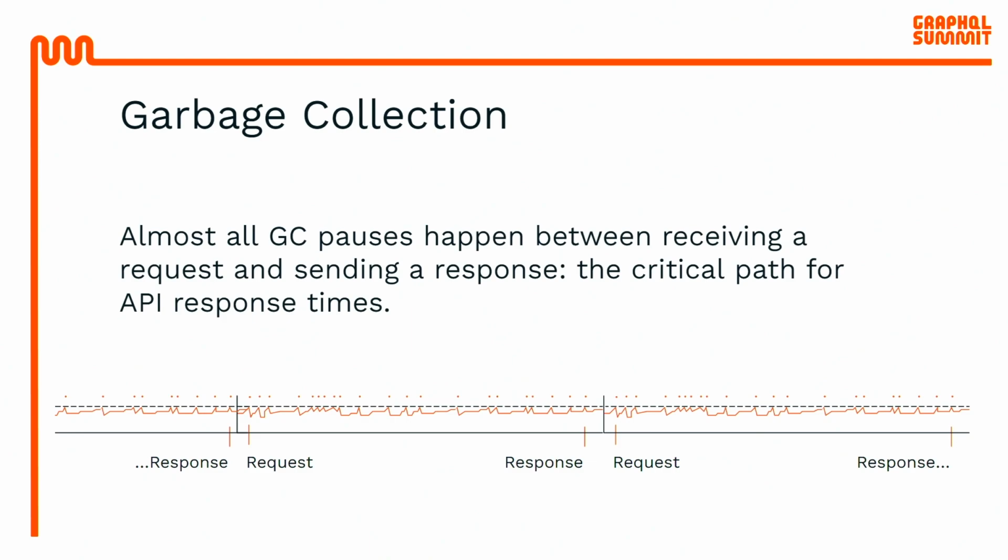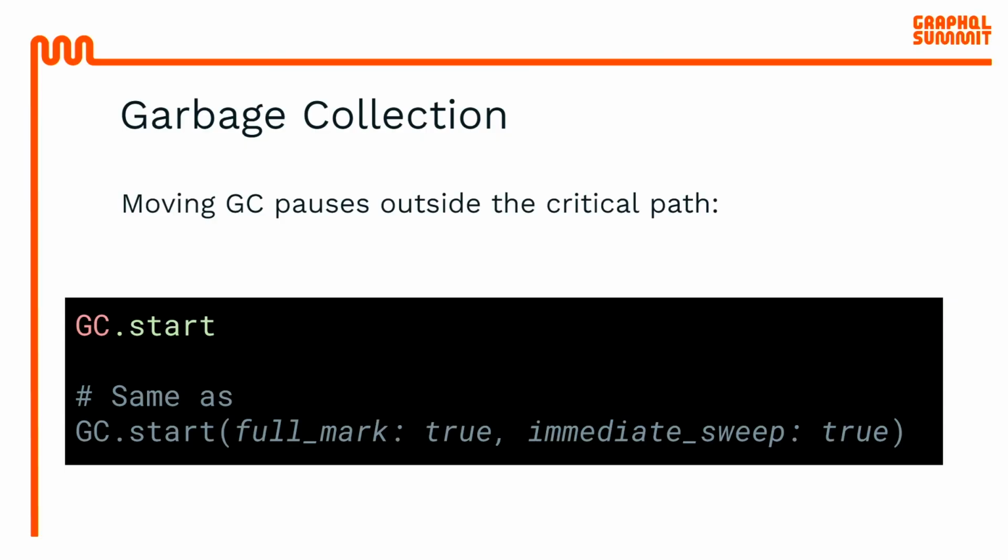Because we have many pauses happening while the API client is waiting for your response, and that's where most of the memory allocation is done, this is our critical path. The client is waiting for you to respond. Something we can do is force garbage collection to happen between requests, not while the client is waiting for the response.